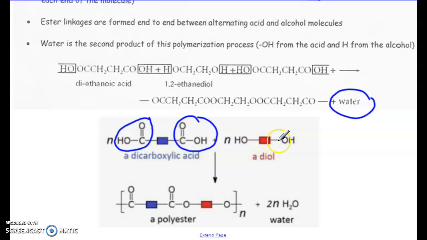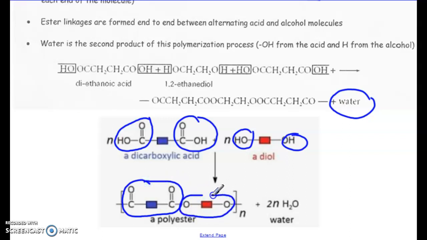You can have multiple carbons in between, but what matters is to make the linkage on either end, you need to have an OH group. So what ends up happening is you have the connections being made, and you have your originating carboxylic acid portion and your original alcohol portion. And then, of course, maybe we'll use a different color here. This is where your ester is. With, of course, multiple waters would be made.